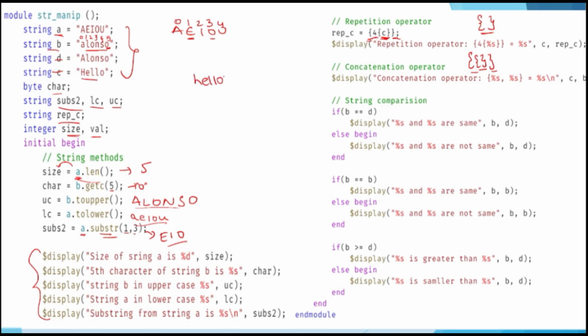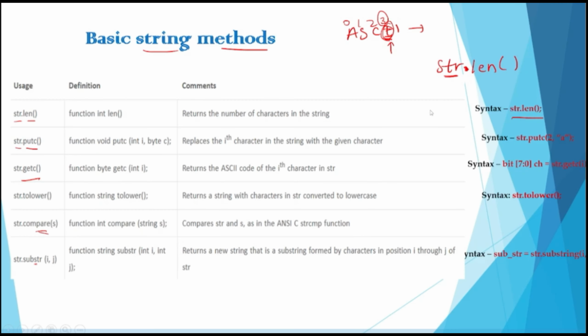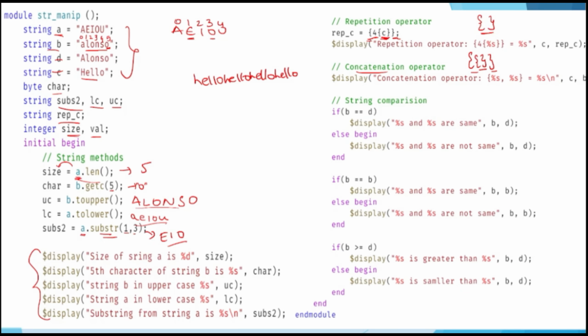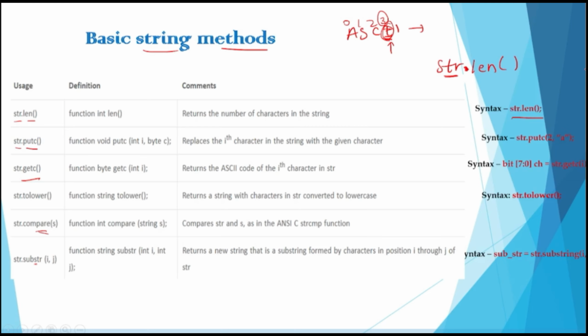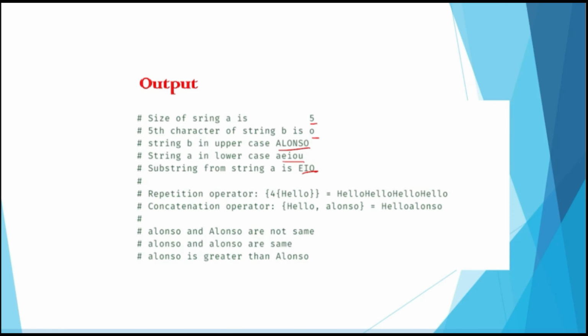So hello will be replicated four times. And then concatenation. What do I want to concatenate? I want to concatenate C and B. Okay, it was missed. So if you see the output, hello is repeated four times, and then I am concatenating hello and Alonso.